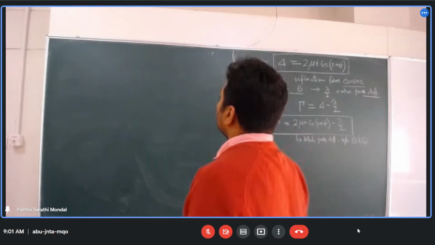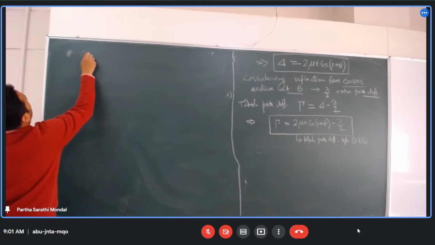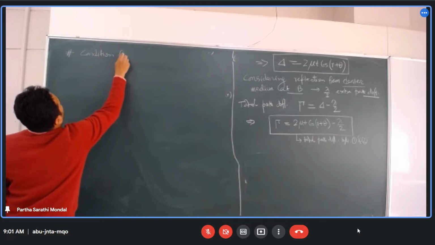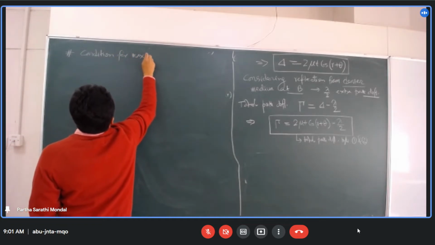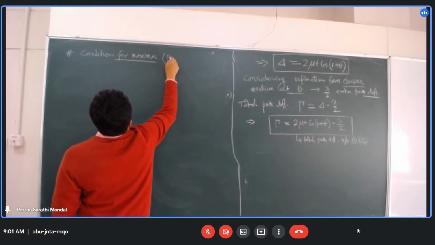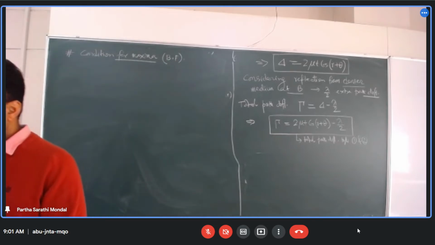So now, if I calculate the condition for maxima, that means we are calculating the condition for bright fringe.